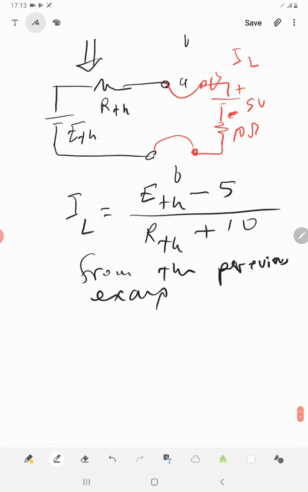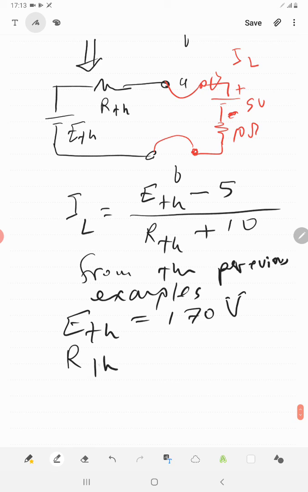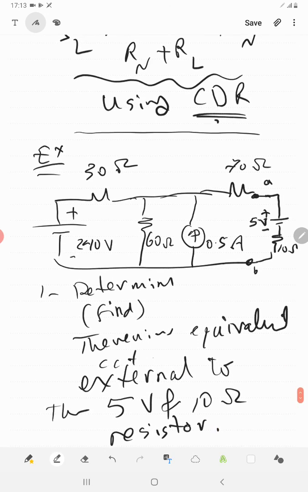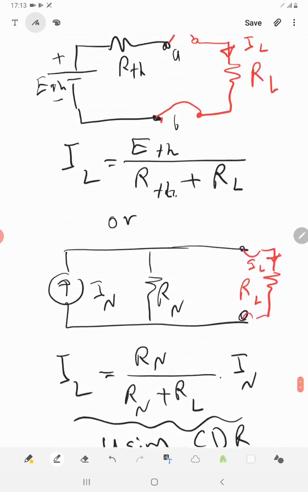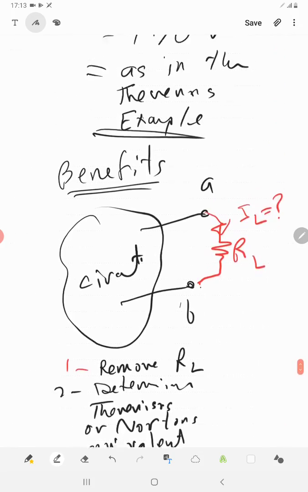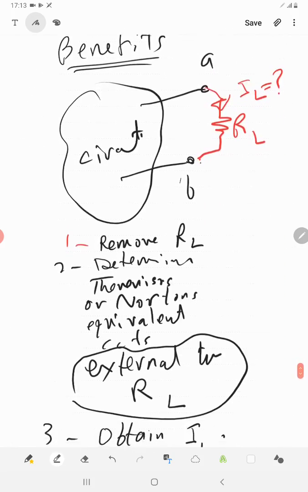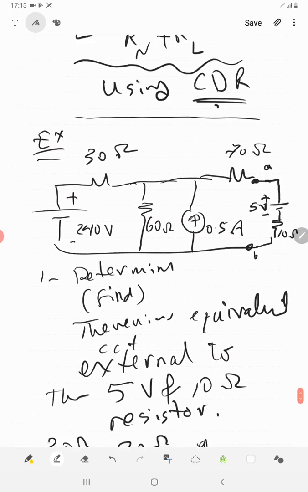Okay, so from the previous examples, E Thevenin equals 170 volts. Check that, I probably am mistaken. And R Thevenin, I think it's 90 ohms. Let's go and check them. Yes, 170 volts and 90, yes, we are right.